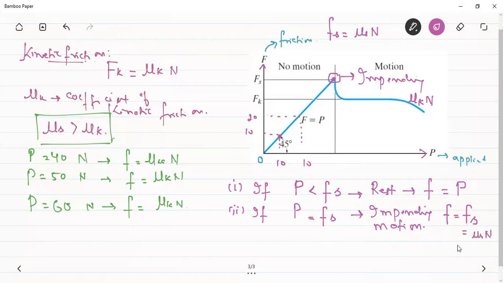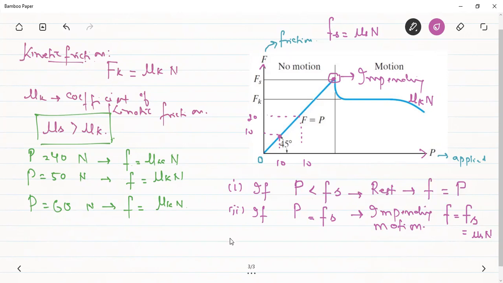We have to be careful when we use this equation: static friction is equal to mu sn only in the case of impending motion. You can see that in the first point I have written that if the applied force is less than the limiting value of the static friction, then the friction force will be equal to the applied force, not equal to mu sn.